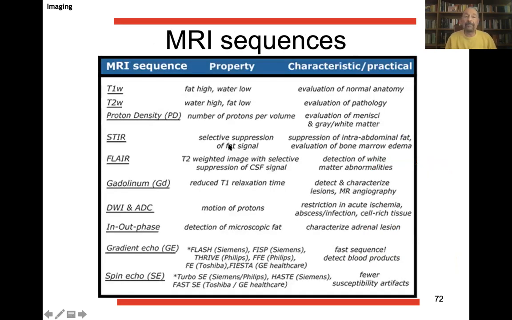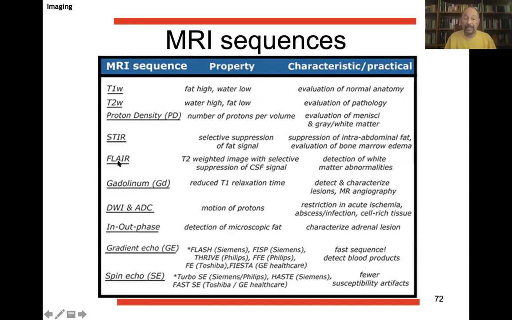Okay, so there are many MRI sequences that you can exploit for visualizing different objects. If you want to see normal anatomy, then probably T1 is the best. If you want to see pathology associated to edema, then T2 is the best. If you want to look at meniscus or gray and white matter, then it's better the proton density. But then there are many others.